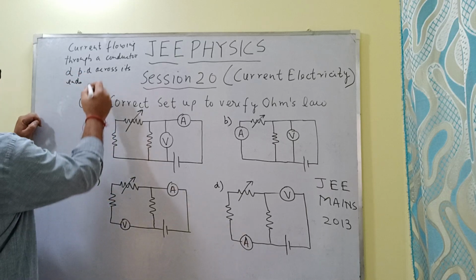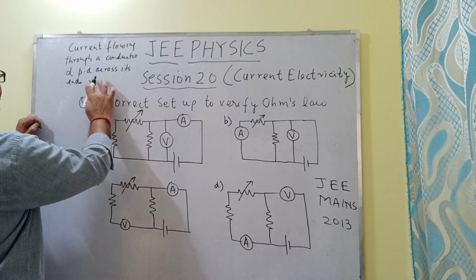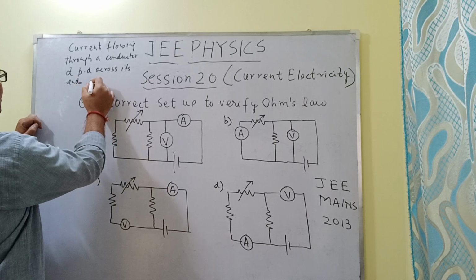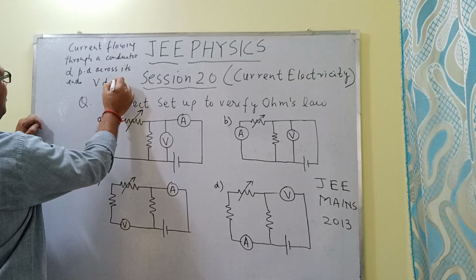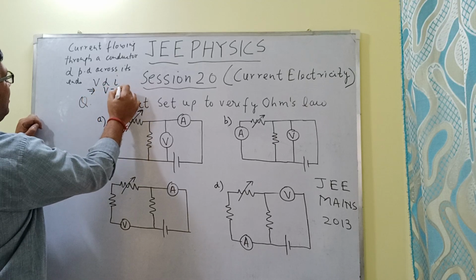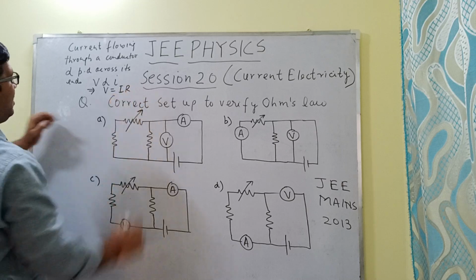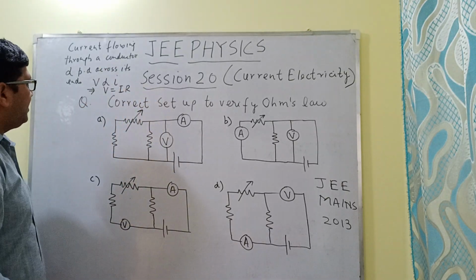So we write this as V is directly proportional to I, and we then write that V is equal to IR, where R is a constant which we call the resistance of that conductor.